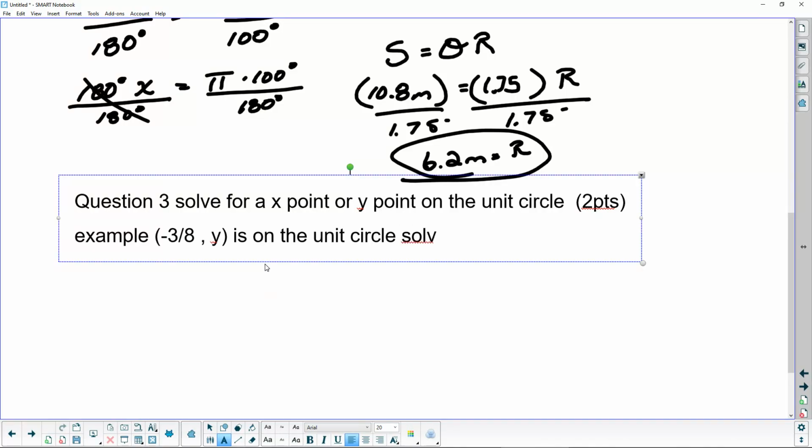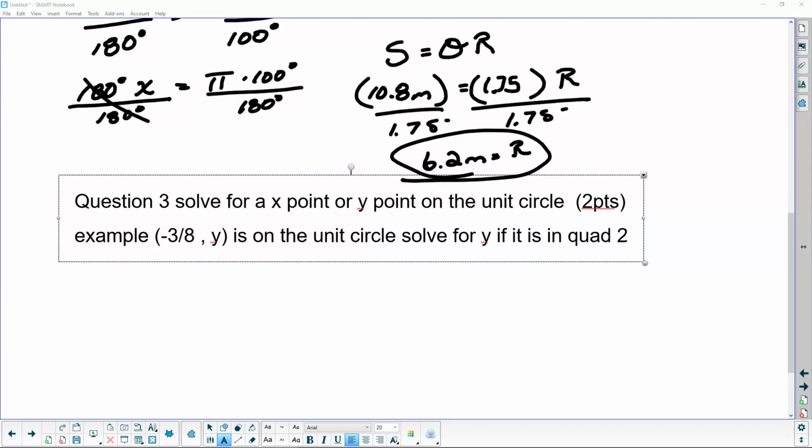Solve for y if it is in the second quadrant. Quad 2 is where y is positive. So we're going to just find a positive y. Remember that you'll get a positive and a negative.